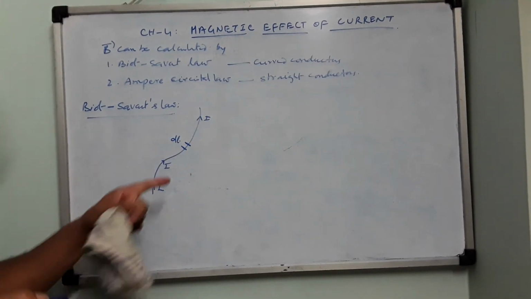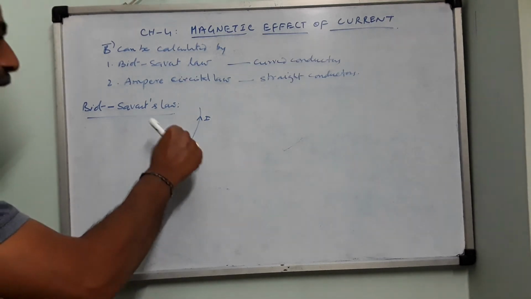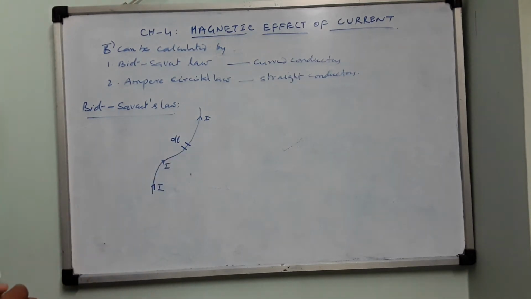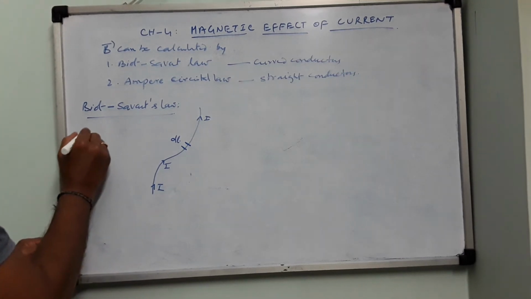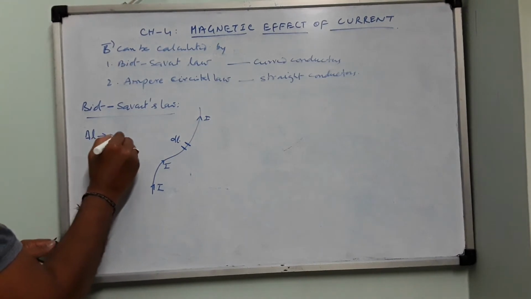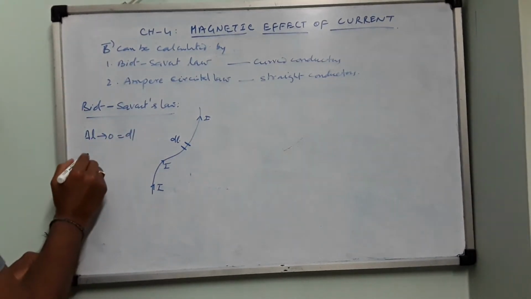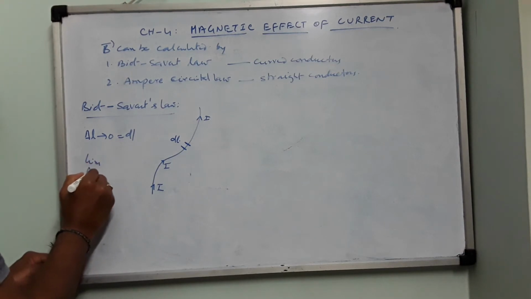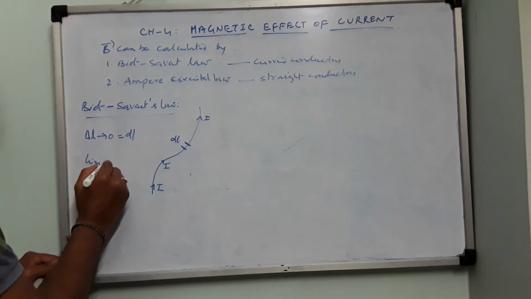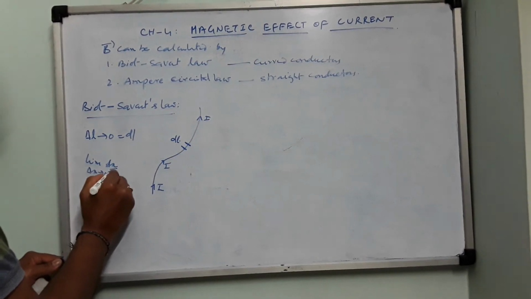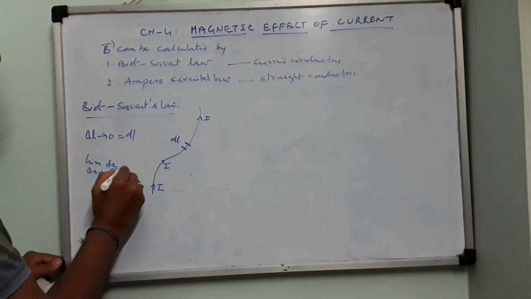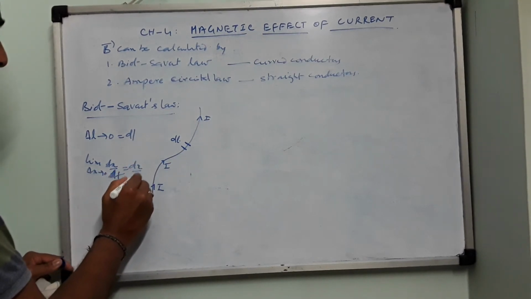The length of this element between the two lines is dl. You know, children, dl is such a small thing. When delta L tends to 0, it becomes dl. We have defined the limit of delta x tending to 0: delta x by delta t becomes dx by dt.